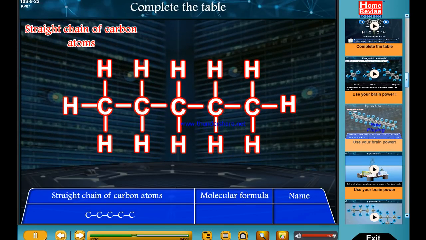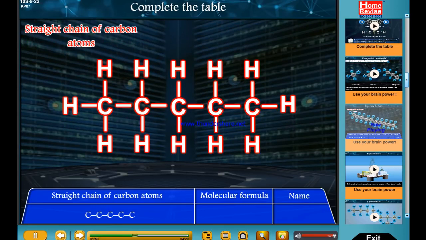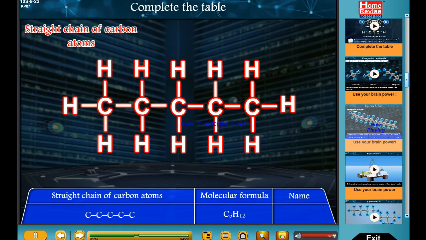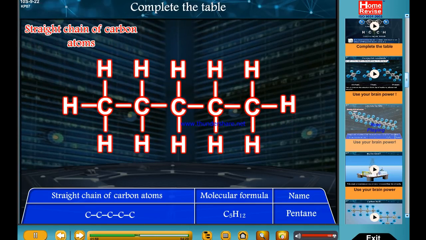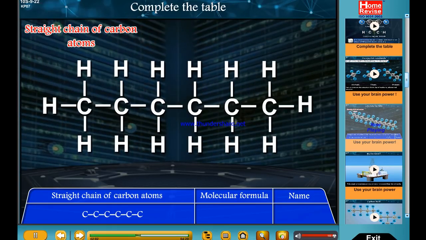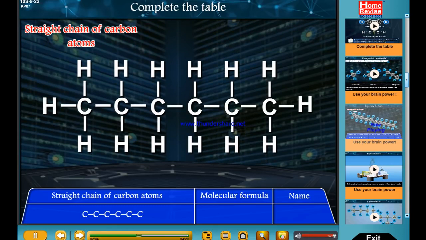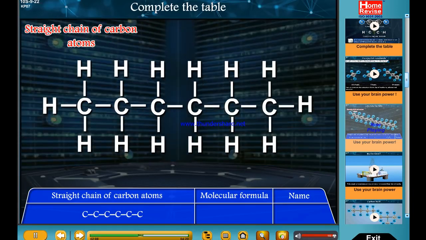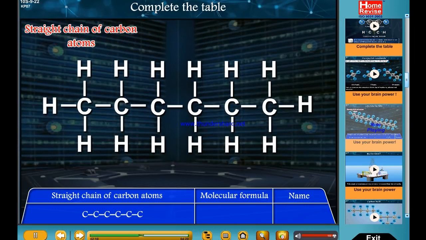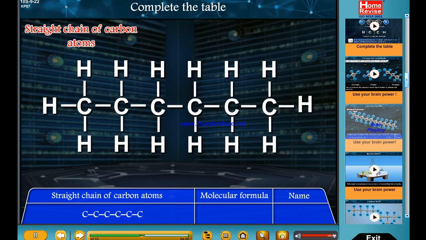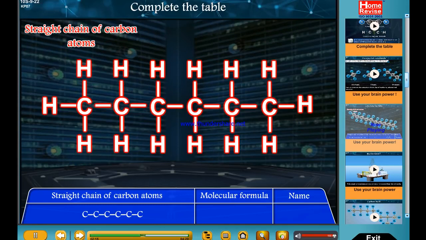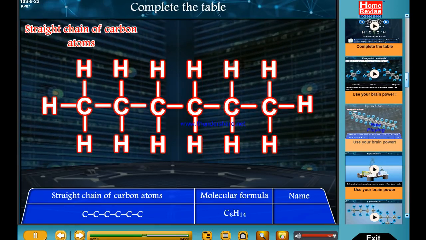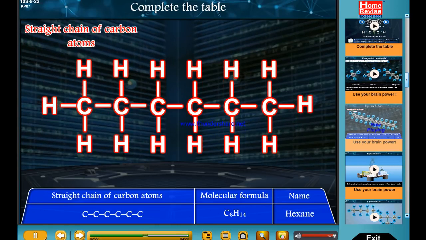Molecular formula C5H12. Its name is pentane. Straight chain of carbon atoms is C single bond C, five times over, with six carbon atoms in all. This is the structural formula. Molecular formula C6H14. Name is hexane.